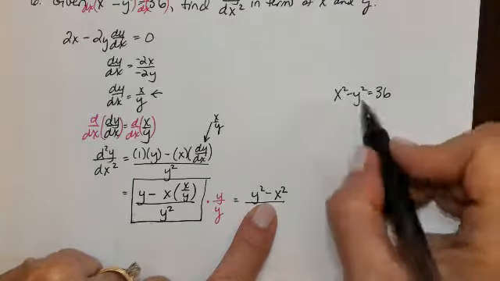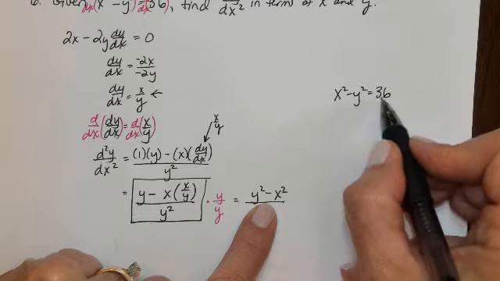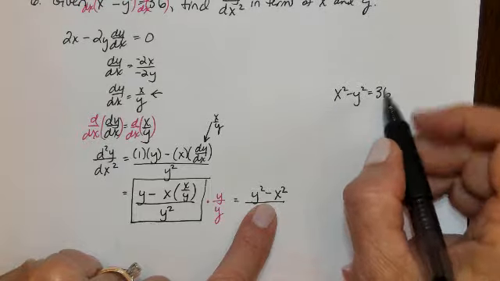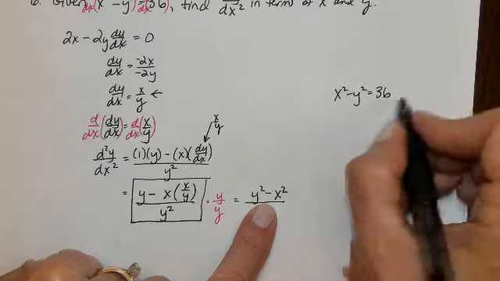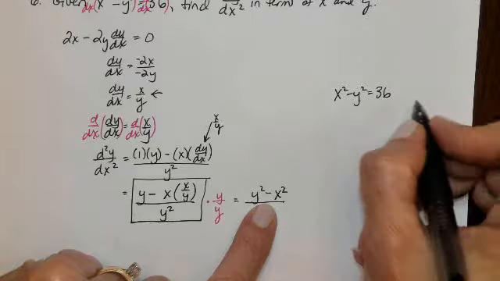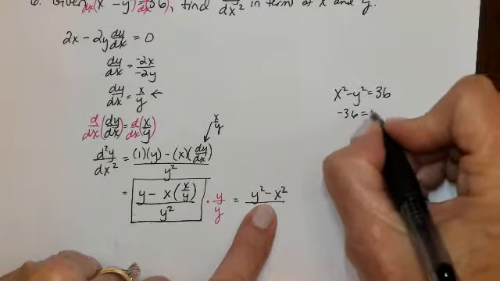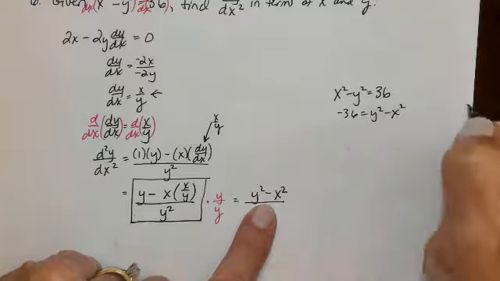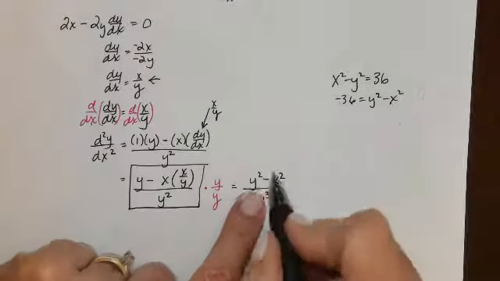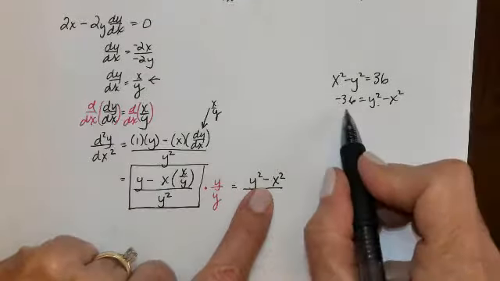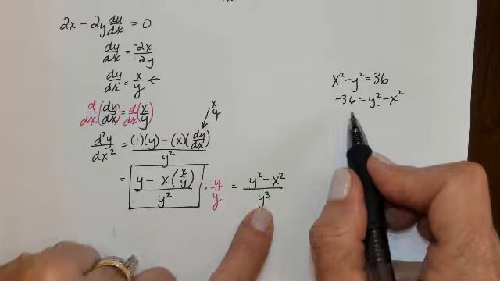Well, x squared minus y squared is 36, right? So if I move the left to the right and the 36 to the left, I'd have negative 36 is equal to y squared minus x squared, right? So y squared minus x squared is equal to negative 36, and we know that because of the problem.